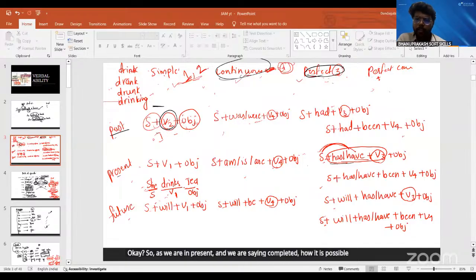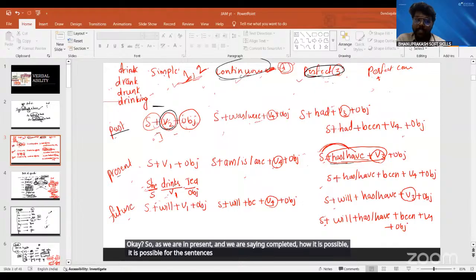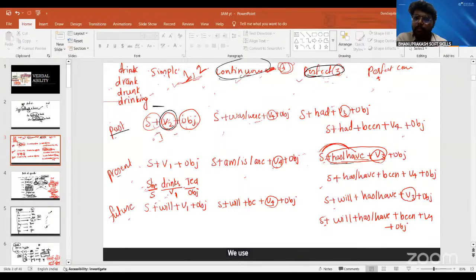It is possible for actions which happened a second back. We use present perfect for actions which just completed, very recent, like one second before. Simple past means it is recent, it may be 2 minutes back or 5 minutes back. But present perfect means immediate, like just one second back. So for such actions, we use present perfect.